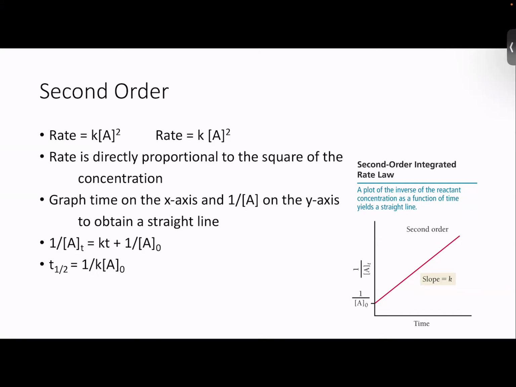Now, when you develop your three graphs, if the best R squared is obtained when you graph 1 over the concentration versus time, that means that it is second order.